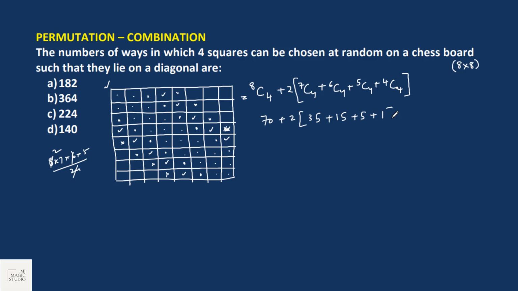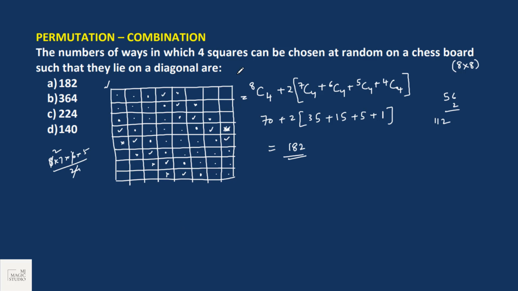5C4 is 5, and 4C4 is 1. 35, 50, 56. 56 into 2, 112. 112 plus 70 is 182. So now, in 182 ways, we can choose 4 squares which are on the diagonal.